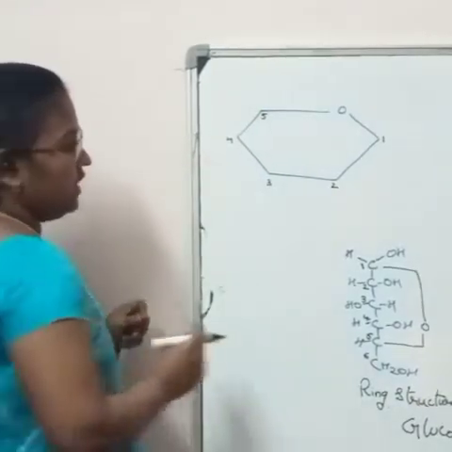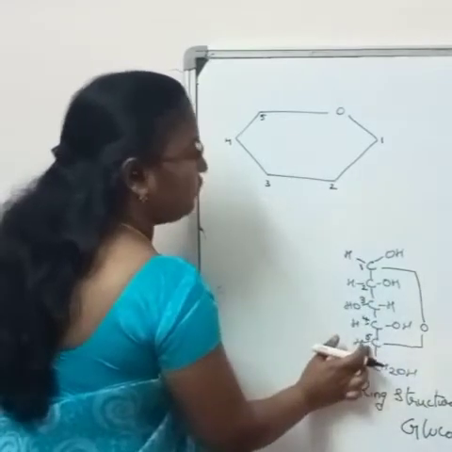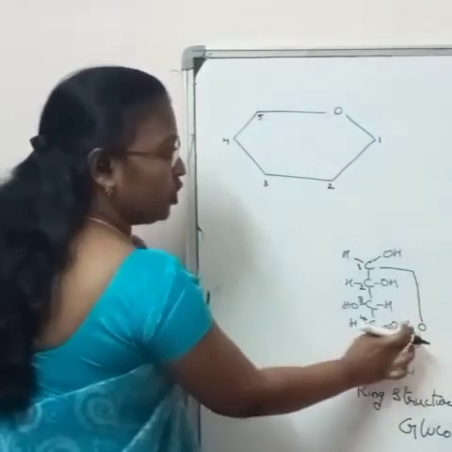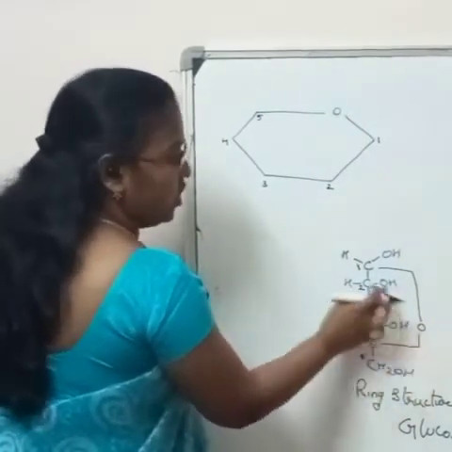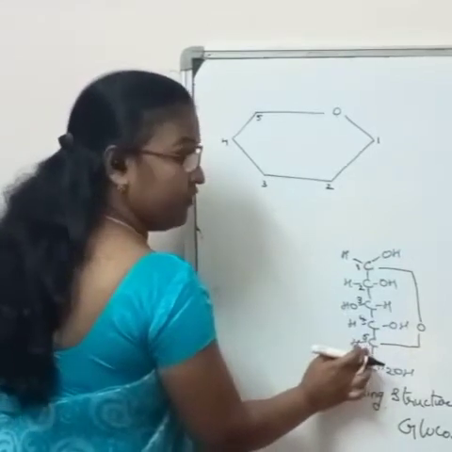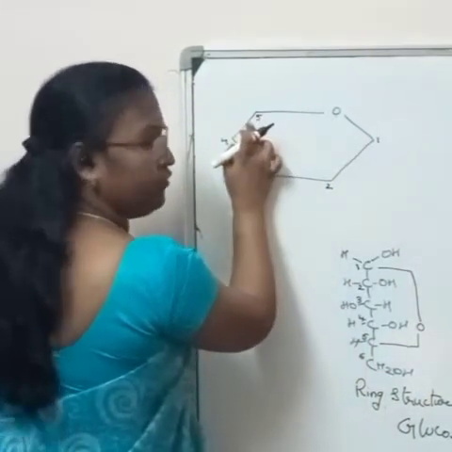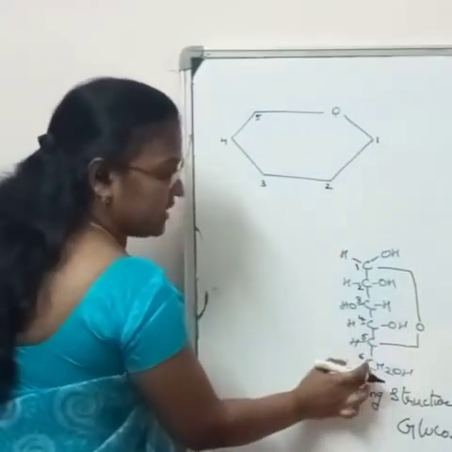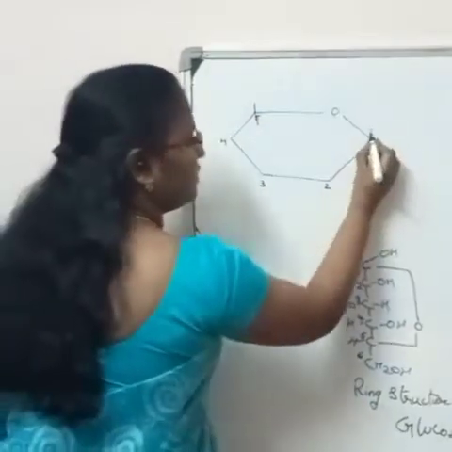According to this structure, the first carbon is connected to the fifth carbon through an oxygen bridge. So this is the oxygen and here the oxygen. And the fifth carbon is connected to the sixth carbon, like this.